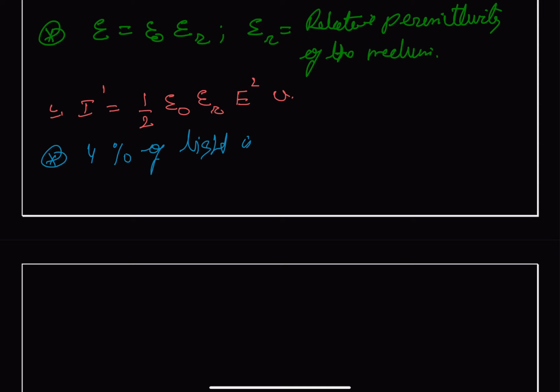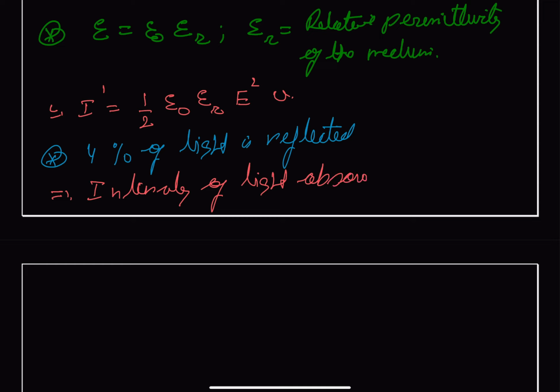Therefore, we can write that the intensity of light absorbed will be equal to the remaining, that is 96 divided by 100 and multiplied by I. That was our total intensity.